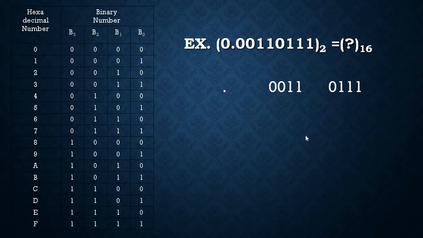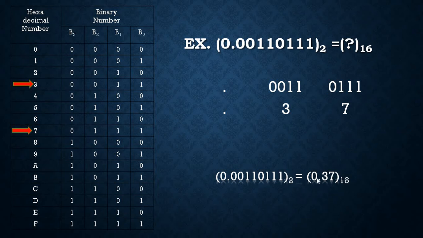Now we again observe the relation table, and for 0011 we have to find out the hexadecimal number. So again we write the point as it is, and for 0011 we get the hexadecimal number 3, we write here. For 0111 we get the hexadecimal number 7, we write here, and combine these to create the result 0.37 to the base 16 for this number.